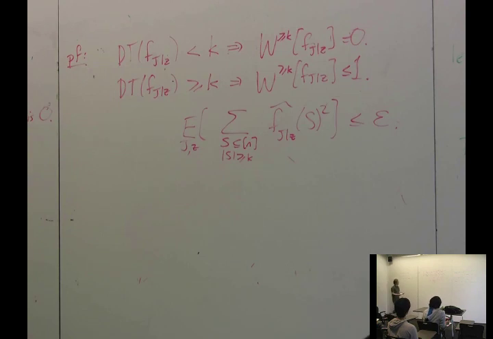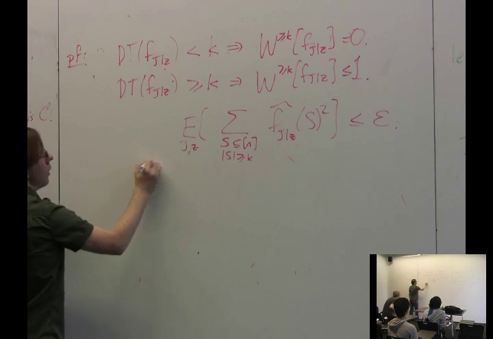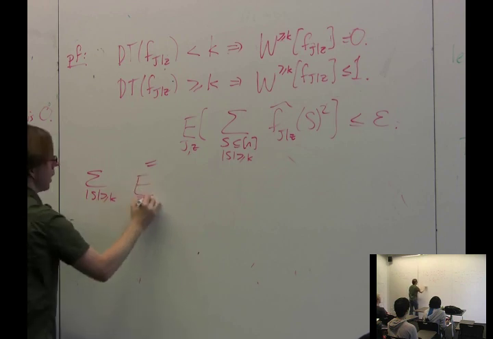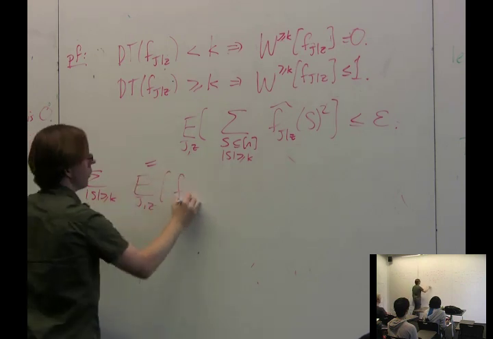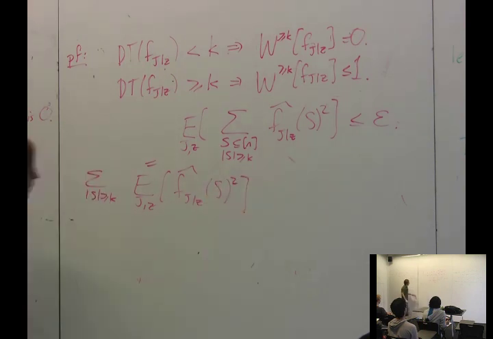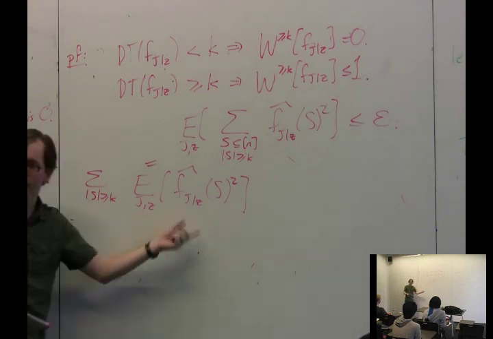Let's blindly exchange this sum and the expectation. So this is the sum over all S of cardinality at least k of the expected value over J and Z of f_{J|Z} hat of S squared, the expected square of the S Fourier coefficient of the restricted function.